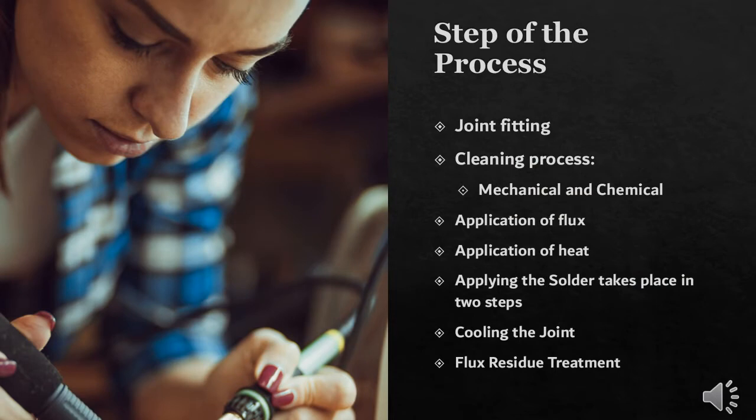So these are the steps of the joining process. The first one is joint fitting, which, as its name says, means the joint must fit, so the soldering gets enough clearance for the process. After that, we go to the cleaning process. There are two types of cleaning, mechanical and chemical.